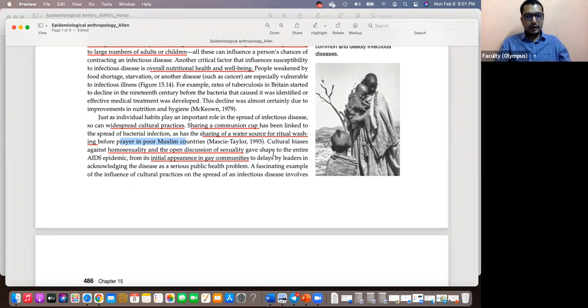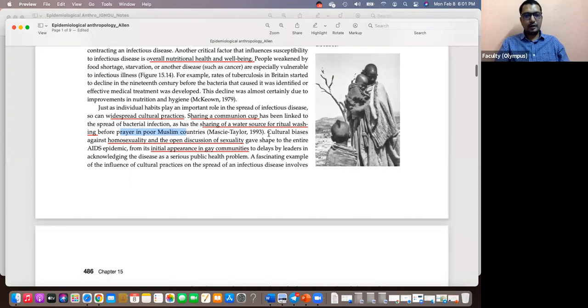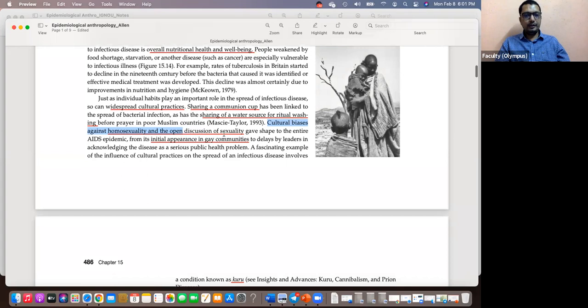And also cultural bias against homosexuality. Cultural bias against homosexuality led to the spread of AIDS. AIDS had mostly started spreading among gay populations, for example. Okay, so cultural bias against homosexuality and the lack of open discussion of sexuality, both of these components were shaping how AIDS is spreading.